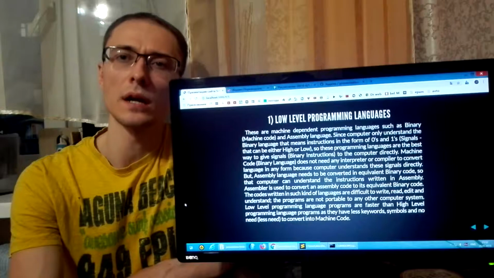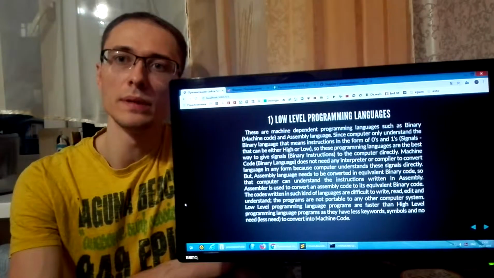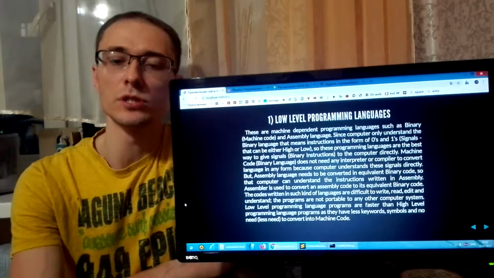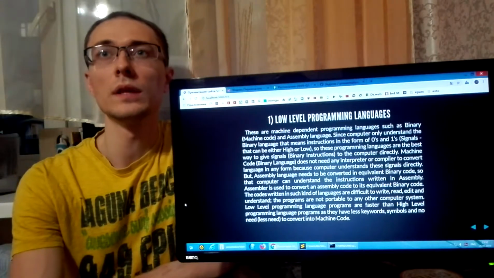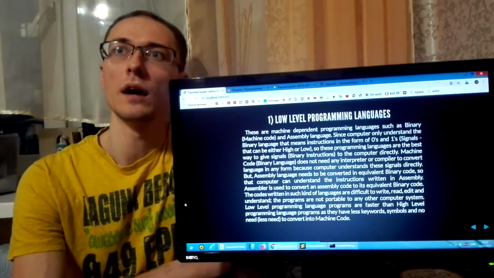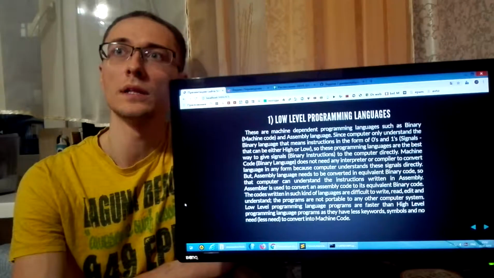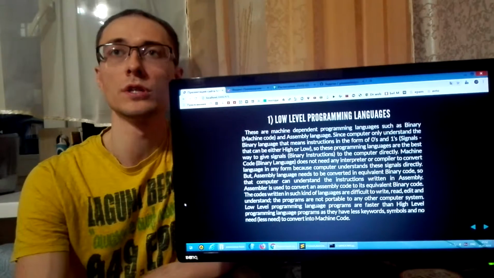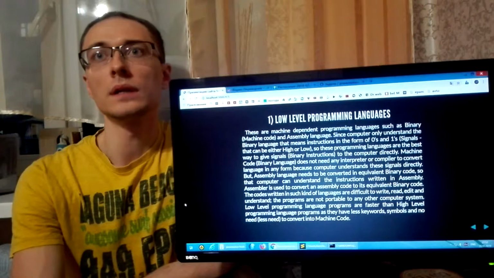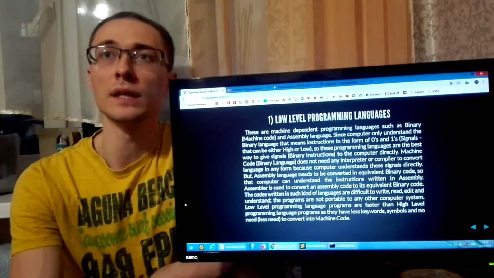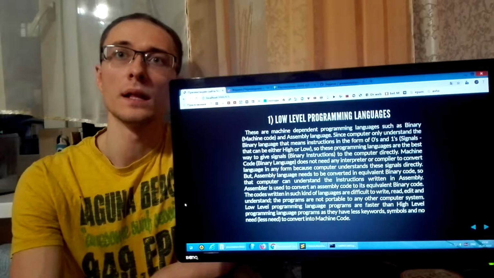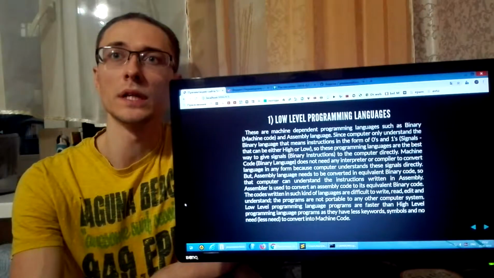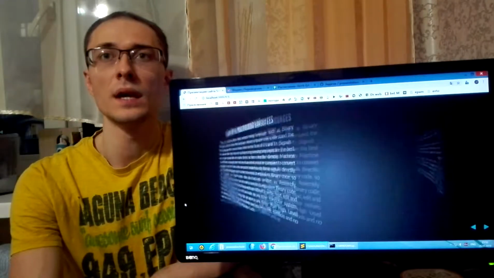The programs are not portable to any other computer system. That was low-level programming language. Now, the high-level programming language.